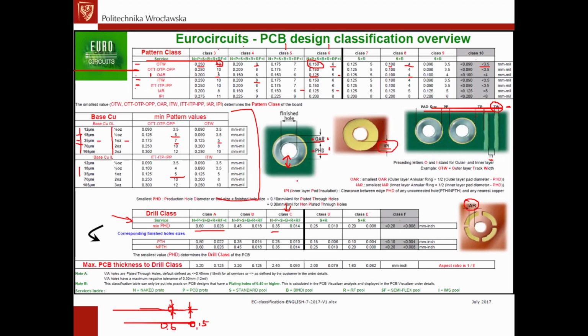So if we pay for class 6 with 5 mils OER, use 6 mils here at least, and 0.40 at least as the hole diameter. Don't try to push the limit.